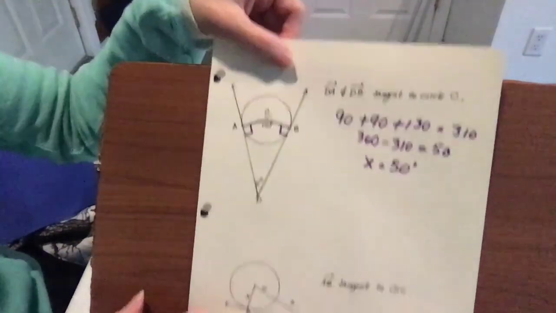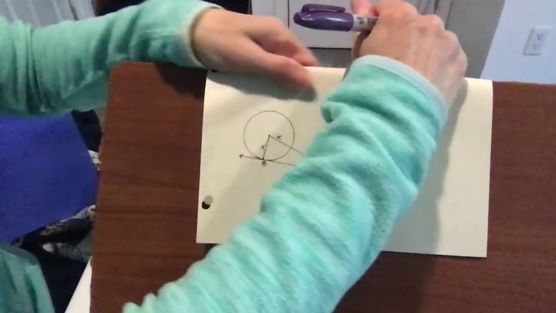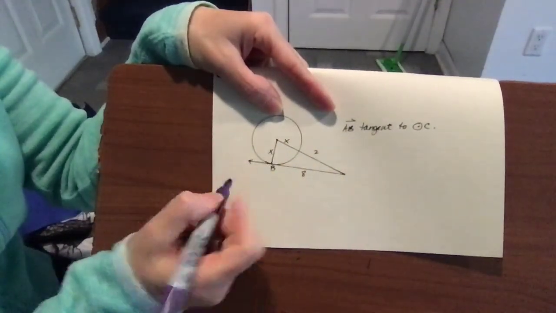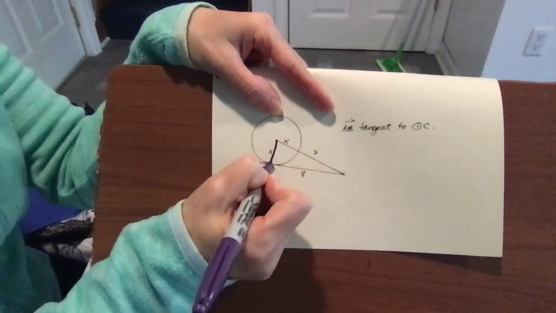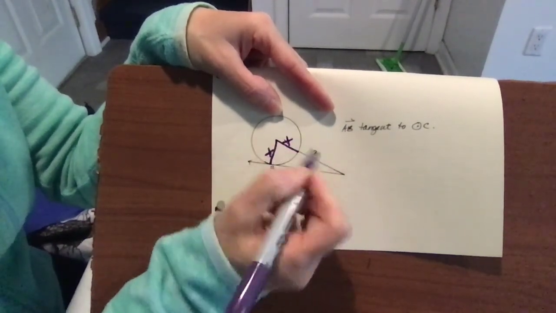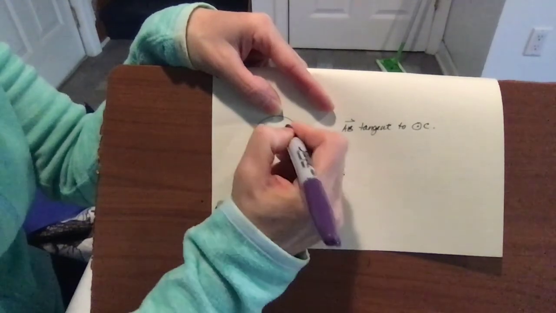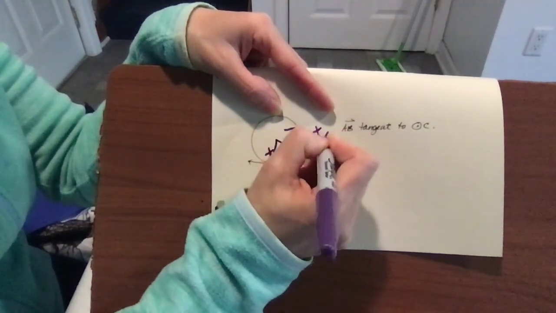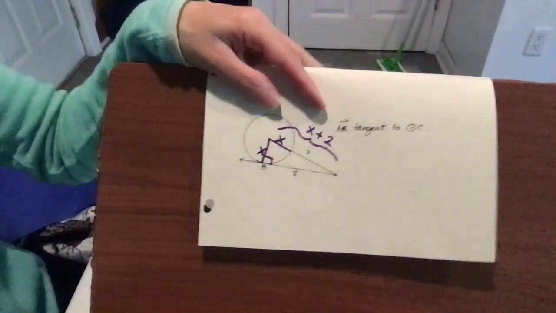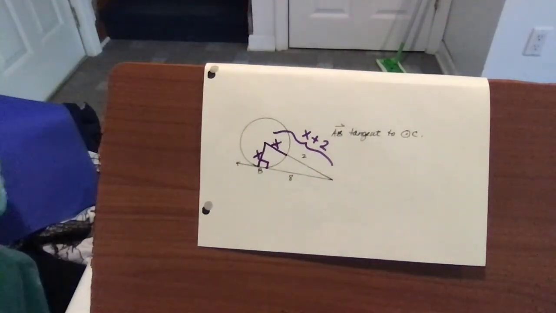Now, a little tricky, but be careful. Now we want to find sides. We want to find the radius here, x. This part here is x also because that's a radius, and that part outside is 2. So this entire thing is x plus 2. This is a 90-degree angle meeting here at our tangent and our radius.